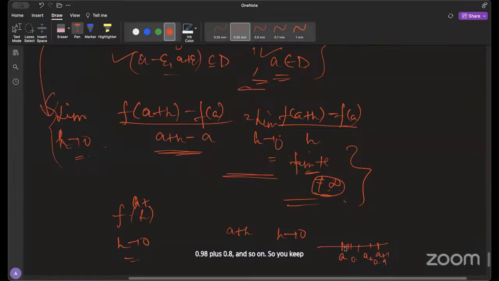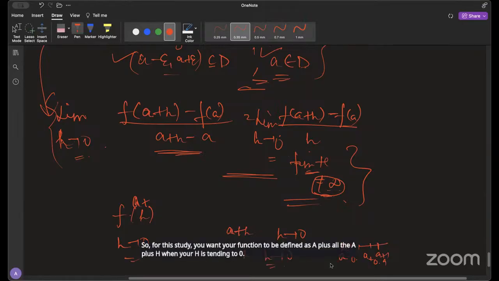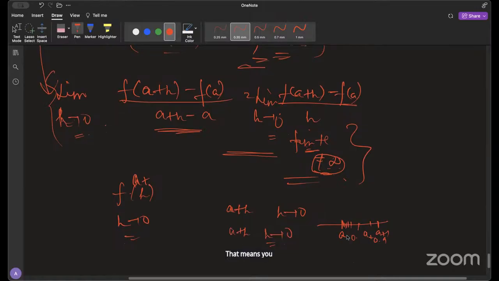You keep coming closer to this, right? So you want your function to be defined at all the a plus h when h is tending to 0. That means you want this thing to be in the domain, right?